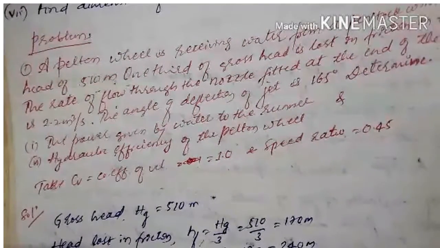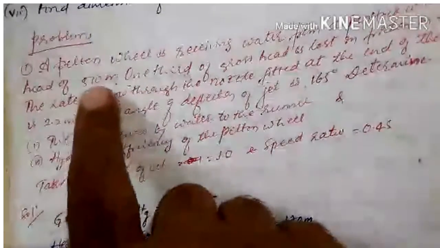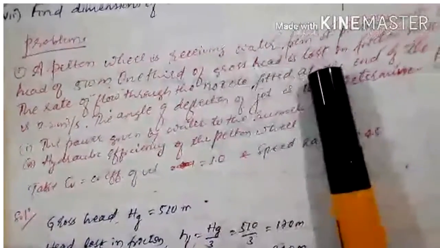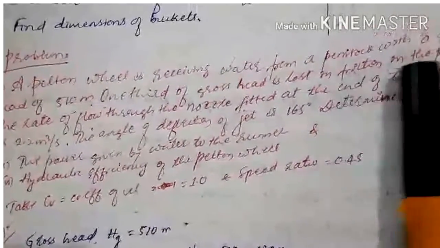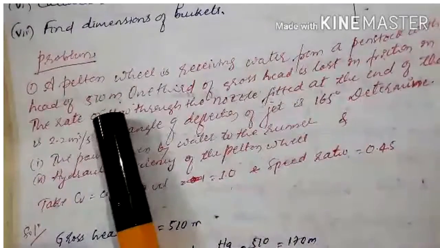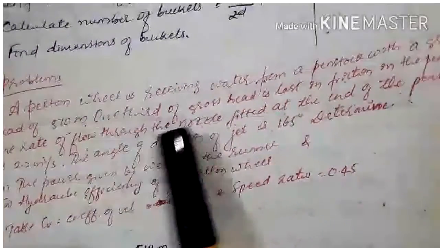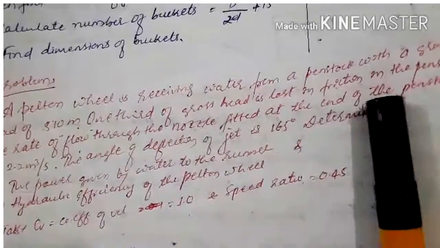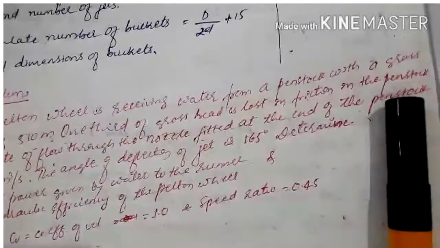Let us take a problem. A Pelton wheel is receiving water from a penstock with a gross head of 510 meter. Then 1/3 of the gross head is lost in friction in the penstock.